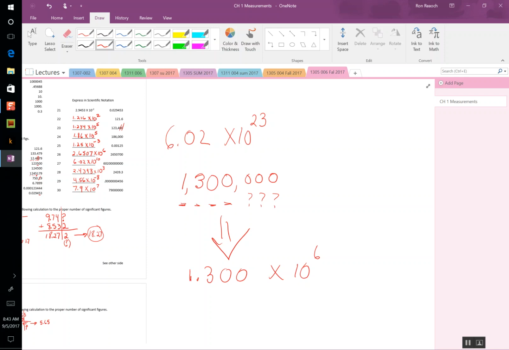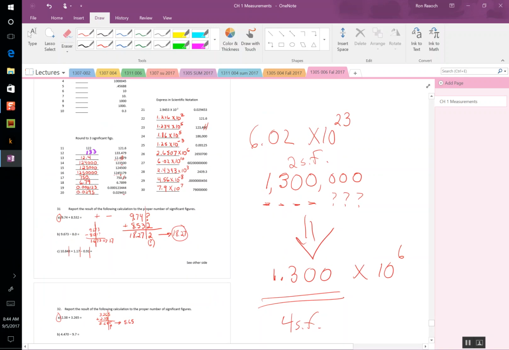You can actually show that now. That has 4 significant figures. This number here has only 2 significant figures. So when you have accuracy that goes beyond what you can write out as a full number, you could represent it in scientific notation and preserve the accuracy of the number. So just keep that in mind.